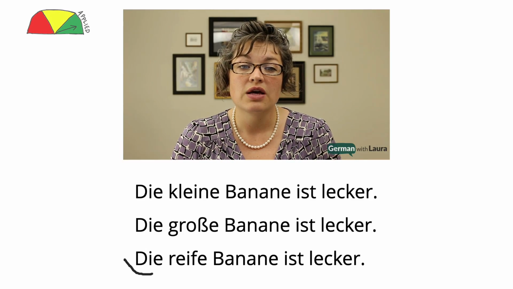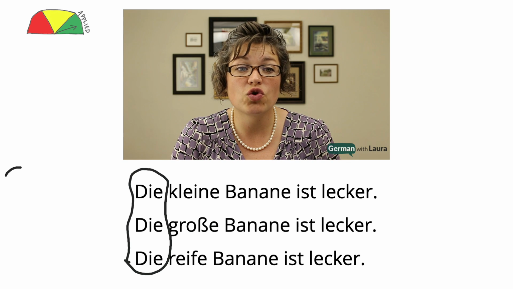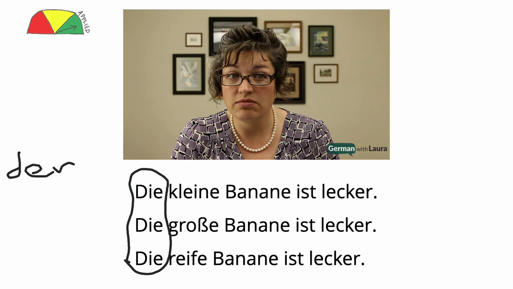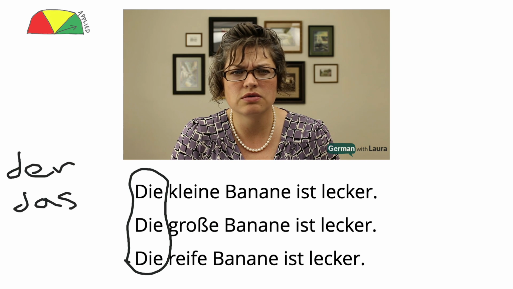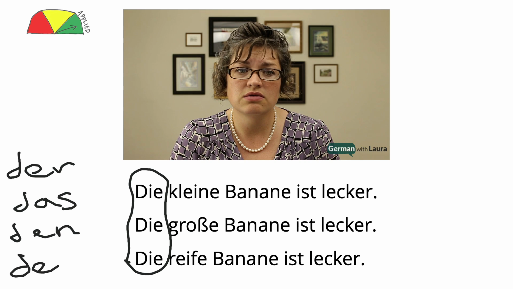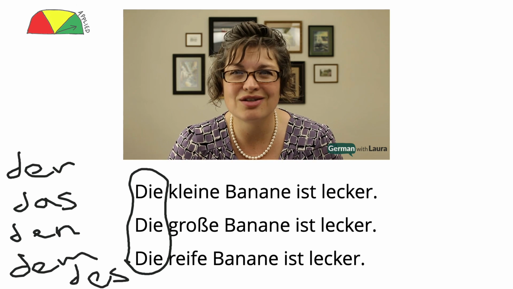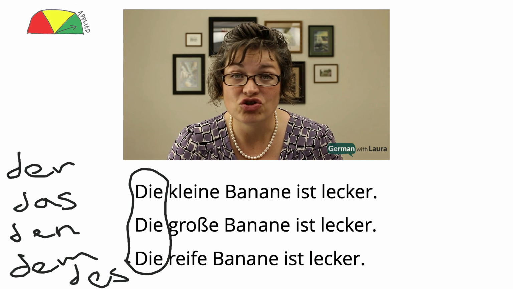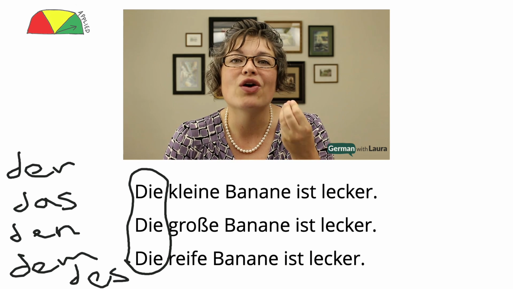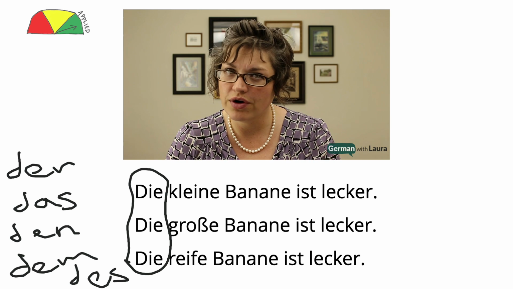For example, all of these D's mean the, but so does the word der, and then also the word das and den and dem and des. All 6 of these words mean the in German. It's a grammar thing, but you have to understand it. You have to be able to use it correctly in order to speak German.